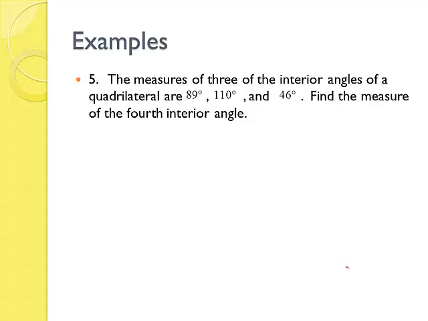Okay, so we have the measures of 3 of the interior angles of a quadrilateral. That's kind of key here. Are 89 degrees, 110 degrees, and 46 degrees. Find the measure of the fourth interior angle. So this is using the corollary. Remember, the corollary states that if you have a quadrilateral, they sum up to 360 degrees.